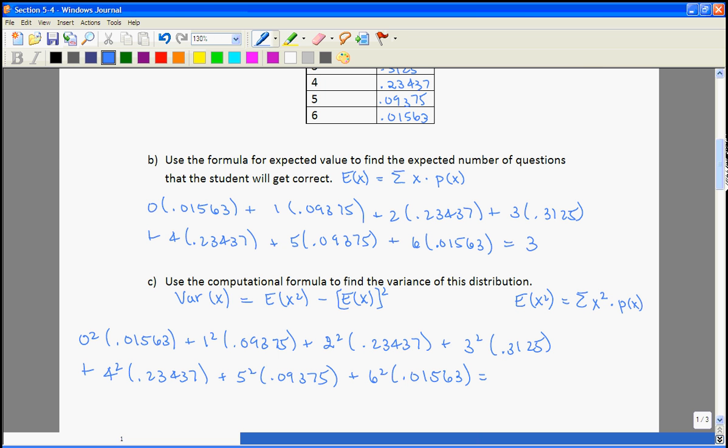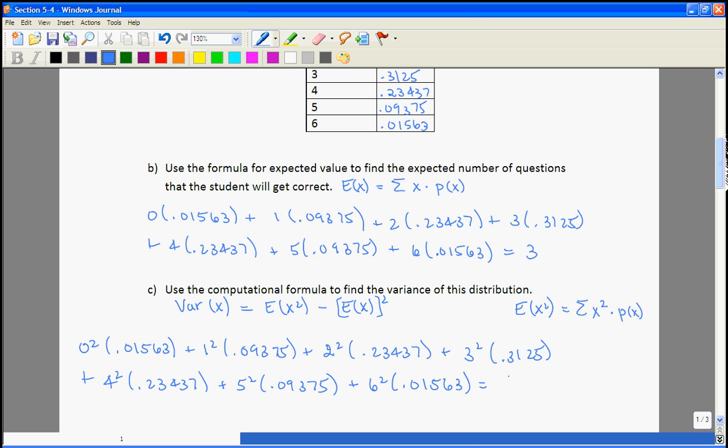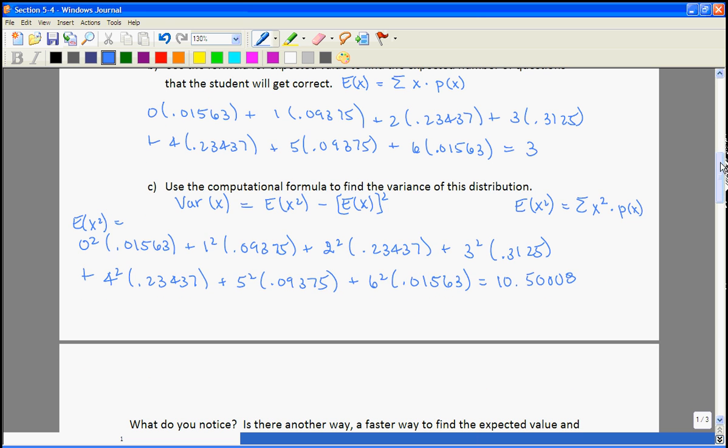Let's see what we get with that. And for that, I get 10.50008. Okay, now that's just E of X squared. That's what we found there. To find the variance, I have to subtract from that the square of the mean.